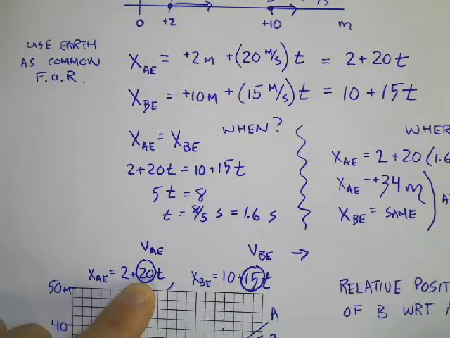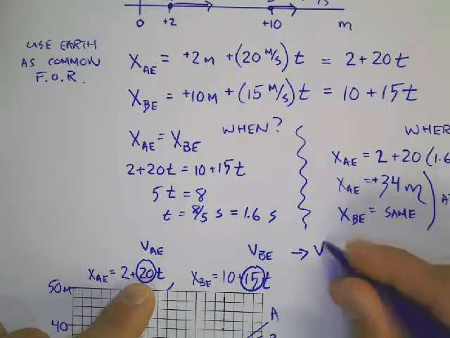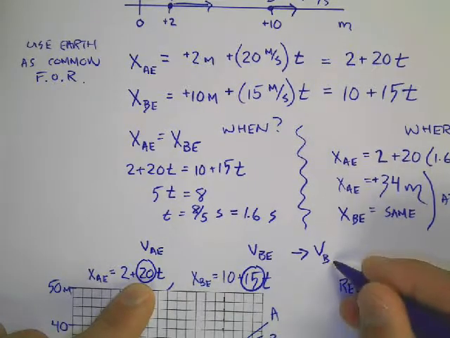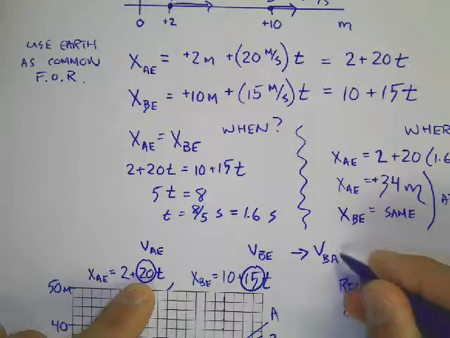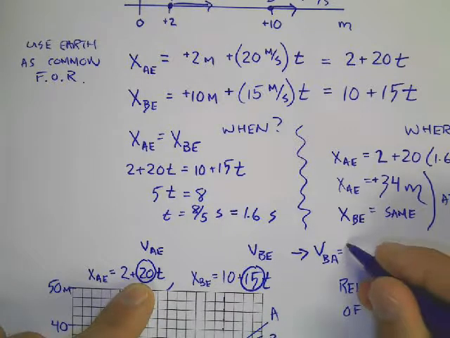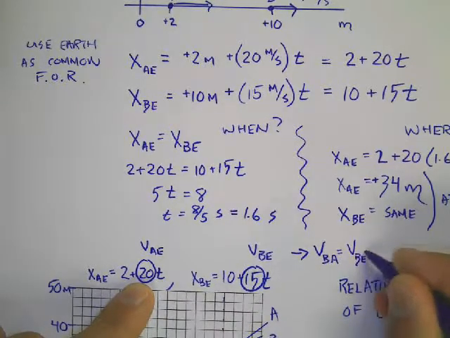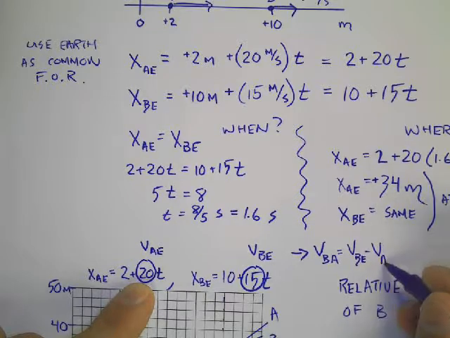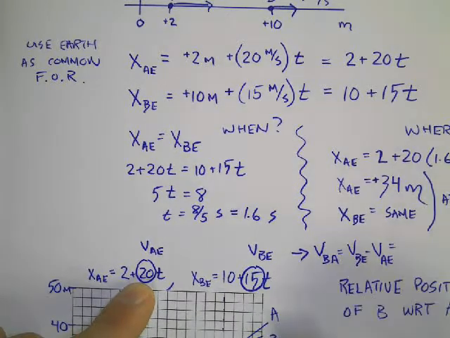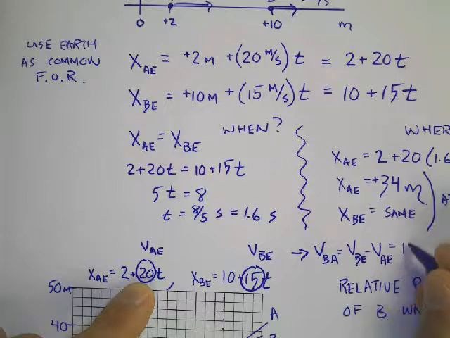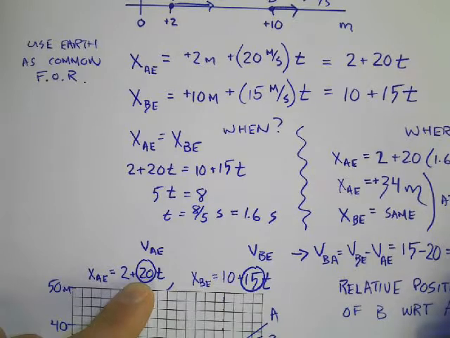So similarly to how we said this before, the velocity of B with respect to A is going to be the velocity of B with respect to the Earth minus the velocity of A with respect to the Earth. That's going to be 15 minus 20, which is equal to negative 5 meters per second.